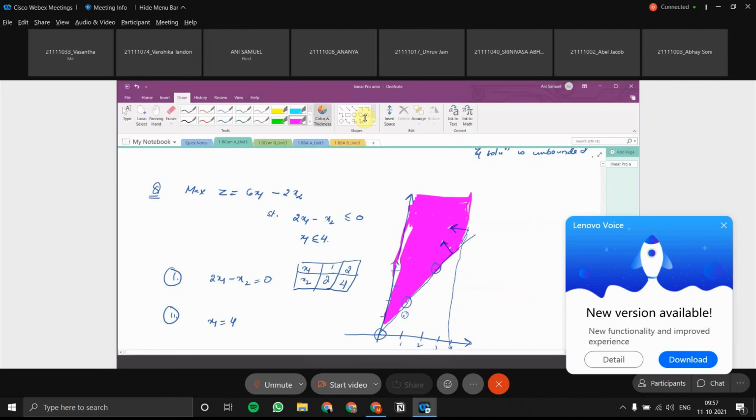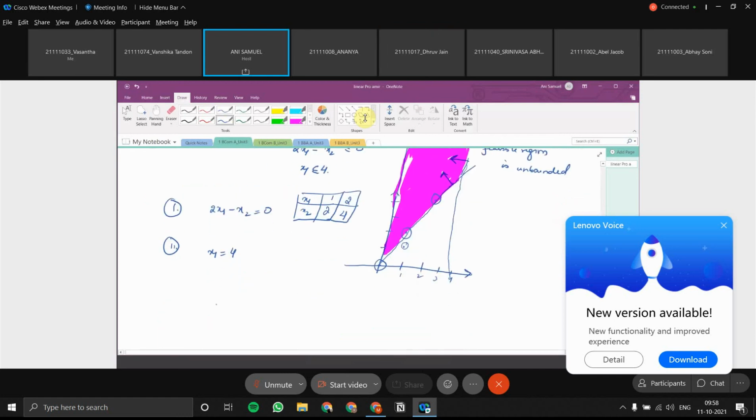Okay, anyways. So this is my feasible region, which is unbounded, right? Now, what is the next step? What had we done in the last question? Please tell me, let me see how many people are listening. Assumption of Z. Yeah, so we are taking some random Z values.